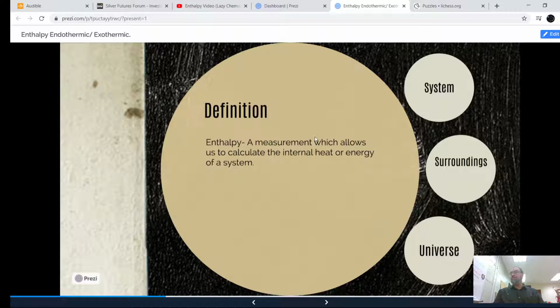The last term, universe, is going to be our zero point: the energy lost from the system that goes into the surroundings, when we add those two numbers together, the energy lost by the system and that gained by the surroundings, is going to equal 0, which is our term for the universe. So the universe energy doesn't change, but the system can go up higher in terms of energy or the surroundings can go lower. Okay?